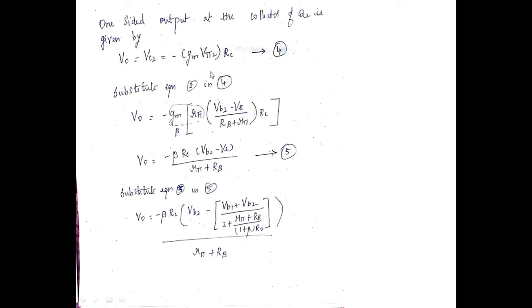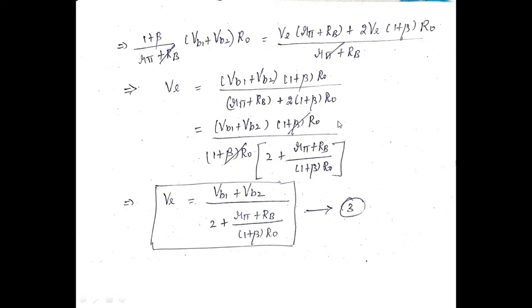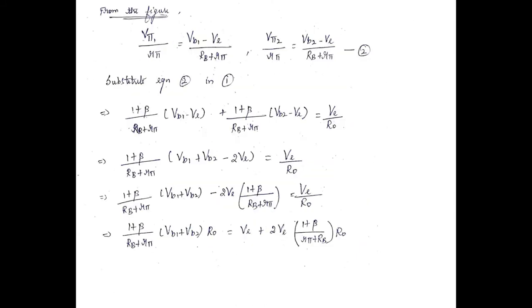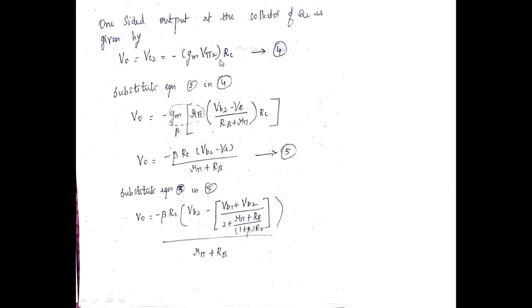Now I'm going to substitute equation 2 in equation 4, that is, in the place of Vπ2. The equation number 2 is given by this equation. I'm going to substitute Vπ1 equal to Rπ into this expression in the place of Vπ1 or Vπ2 here.